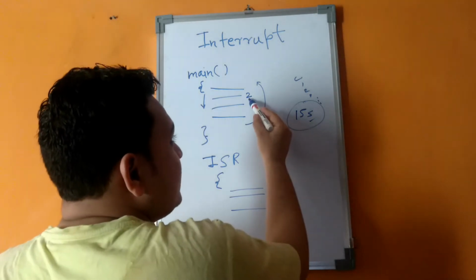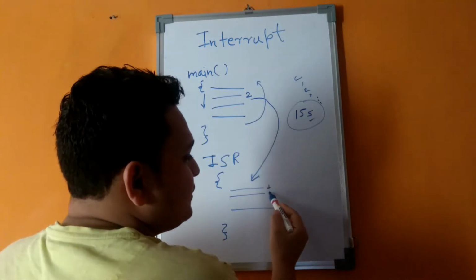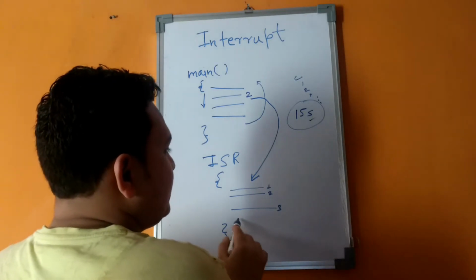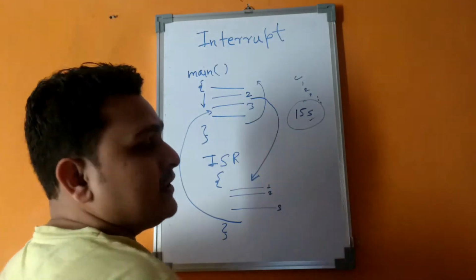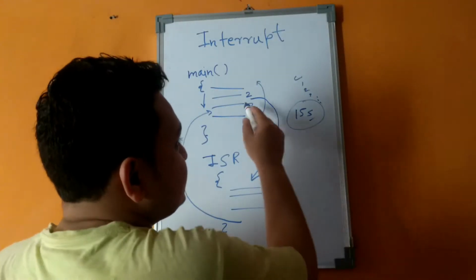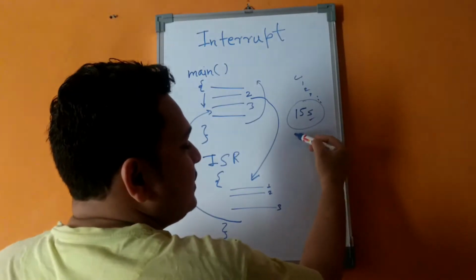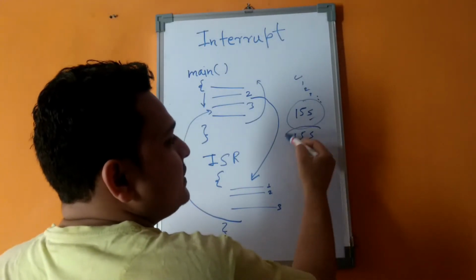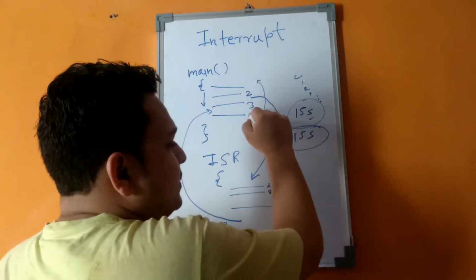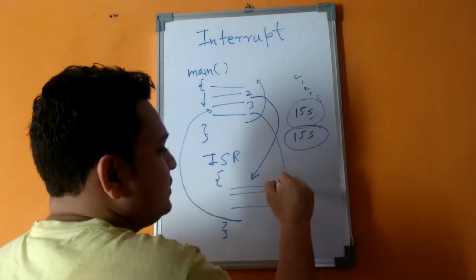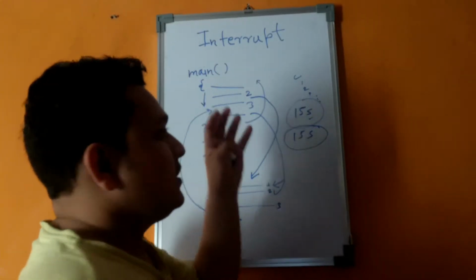It will jump from here to here, execute 1 2 3, and then go back to where it left the previous task. It will continue executing 3 4, 1 2 3 4, and the timer will restart. When the 15 seconds happen the second time, wherever the program counter is, it will come to execute the ISR. This is how our interrupt works.